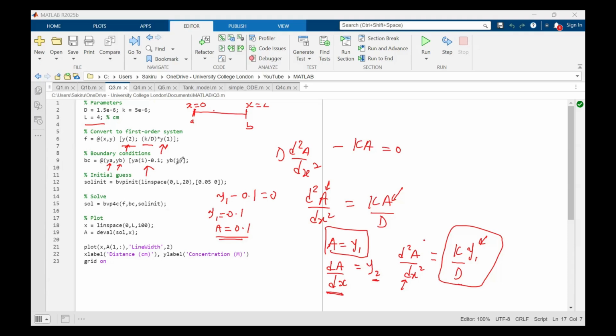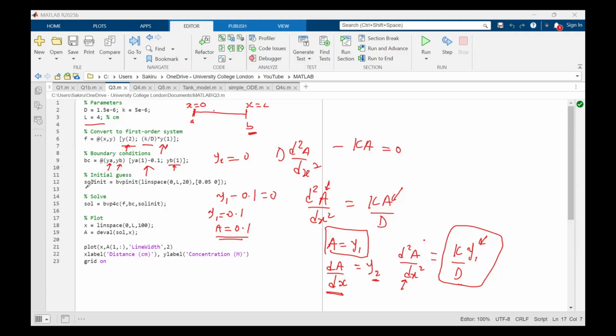Then yb1, which is at the exit, is equal to 0. YB indicates the value at x equal to L. So that's how you create the boundary condition.